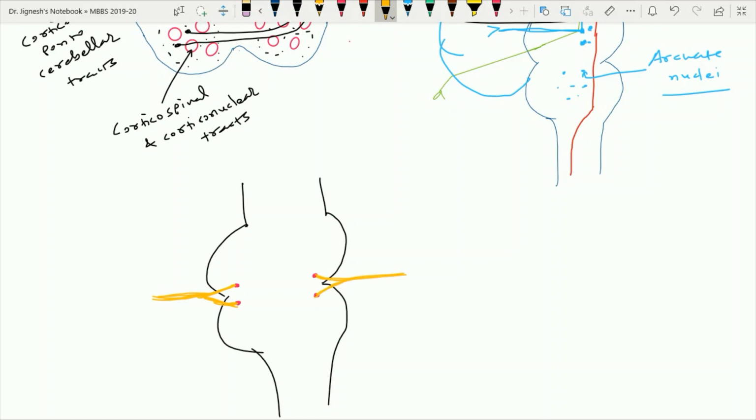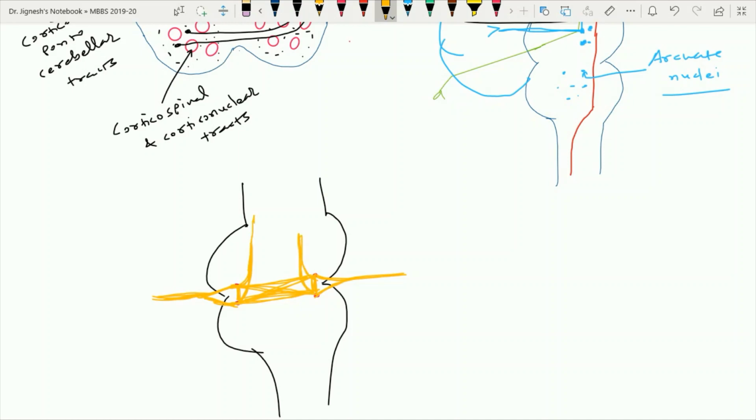When this cochlear nerve reaches the ventral and dorsal cochlear nuclei, these fibers intermingle with those of the same side and the contralateral side and form a hammock-like structure, that is the trapezoid body. After forming this hammock-type structure, these fibers pass upward and are called the lateral lemniscus.